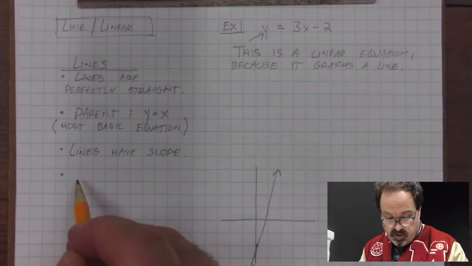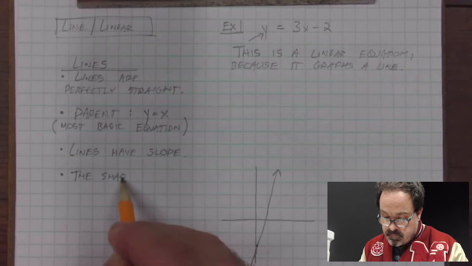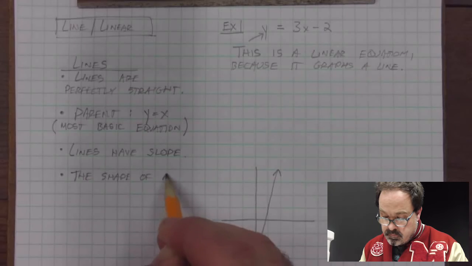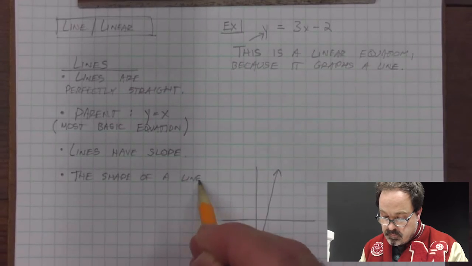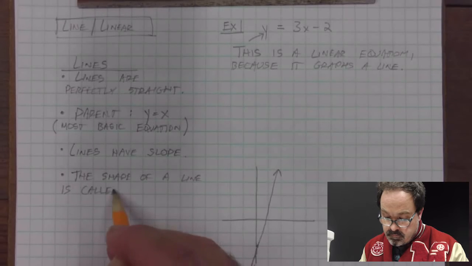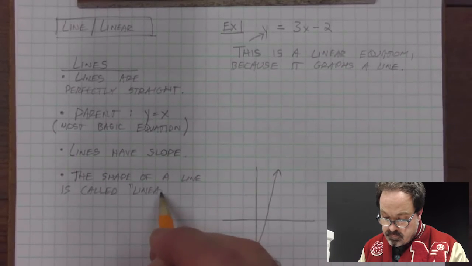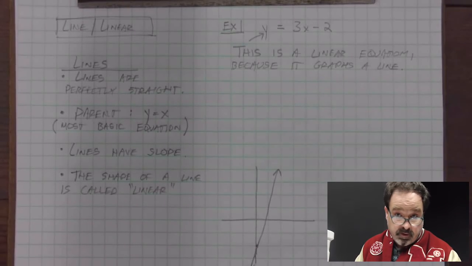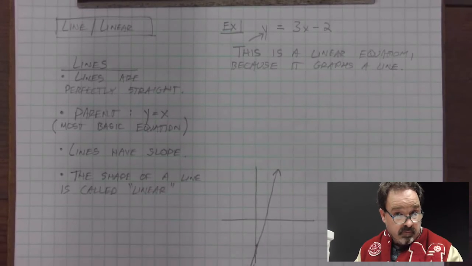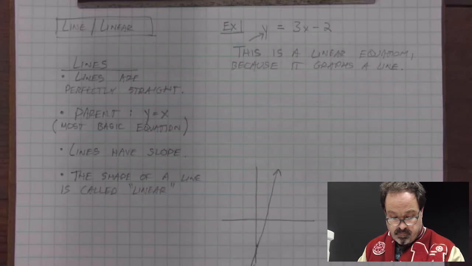Another thing that can be said about all lines, the shape of a line, is called linear. Linear is an adjective that describes a line. A line is a noun. It's a conceptual thing that we study in math.